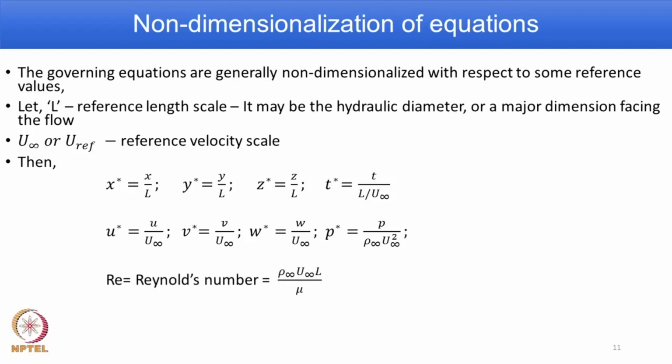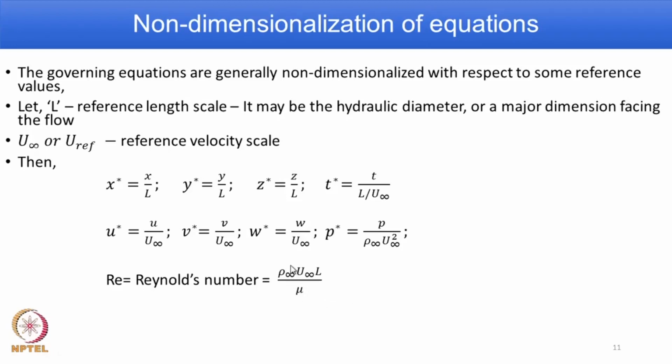And we have just now seen different non-dimensional numbers. Reynolds number appears in the momentum equation when you non-dimensionalize, and we know the definition of Reynolds number is the ratio of inertial force to the viscous force, and if you use these non-dimensionalized quantities, then finally you end up with the expression for Reynolds number as rho infinity u infinity L by mu.